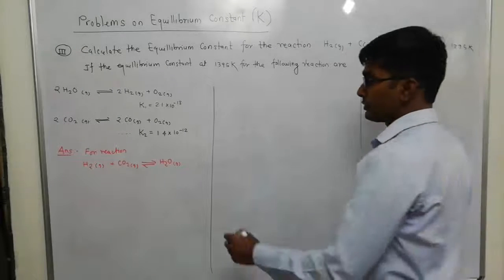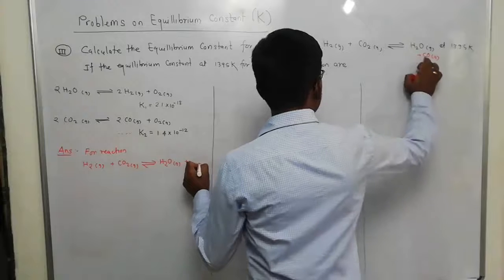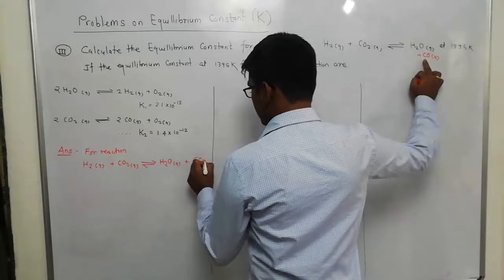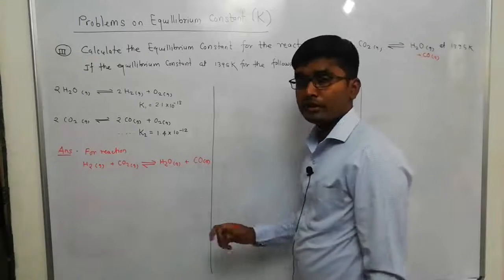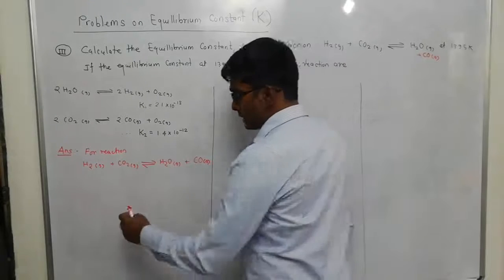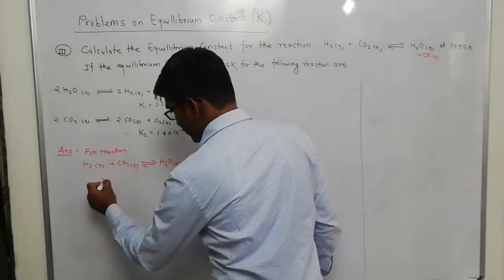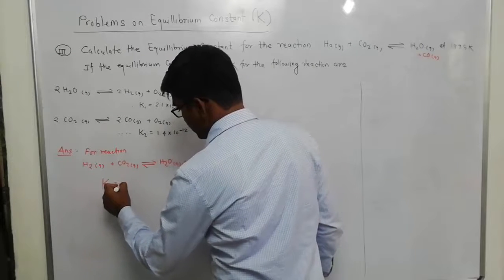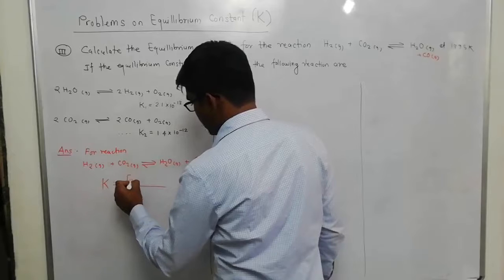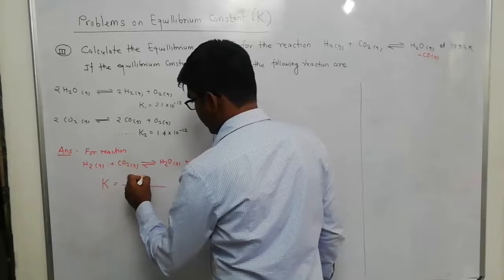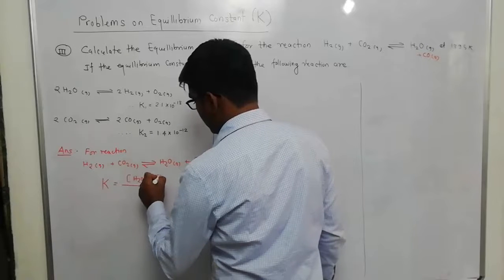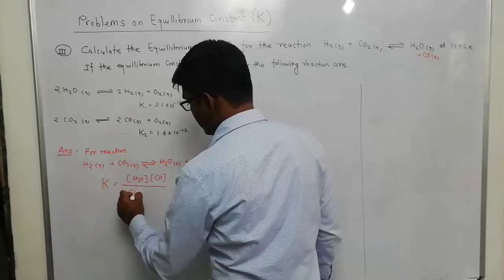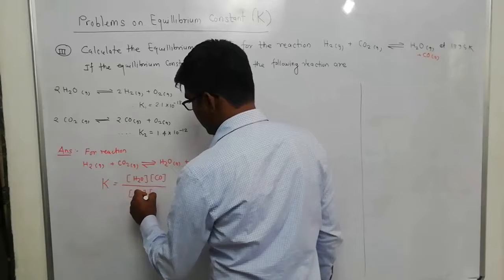For this reaction our equilibrium constant will be capital K is equal to the concentration of product H2O into CO upon concentration of the reactant.